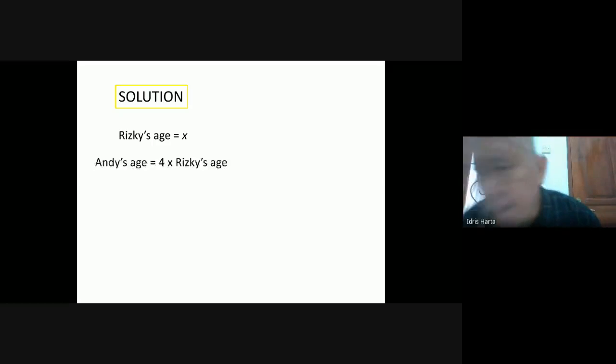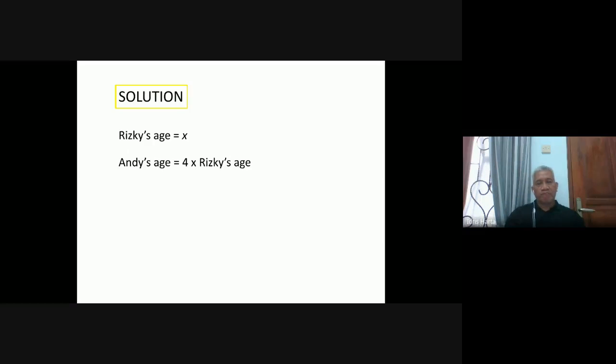Then Andy's age equal 4 times Rizky's age, so it will be 4x. In 10 years means that we will add 10 to each of their ages. So Rizky's age will be x plus 10 and Andy's age will be 4x plus 10.